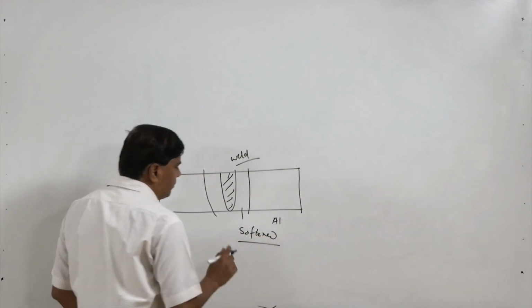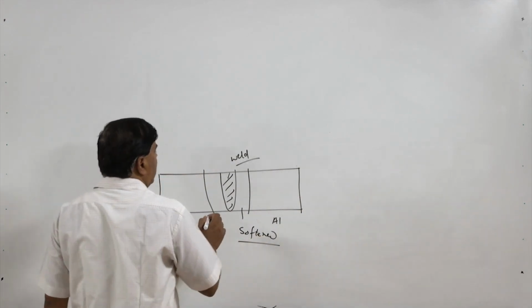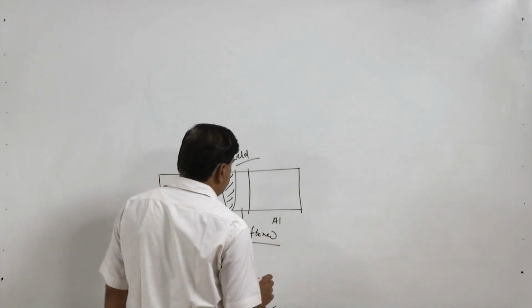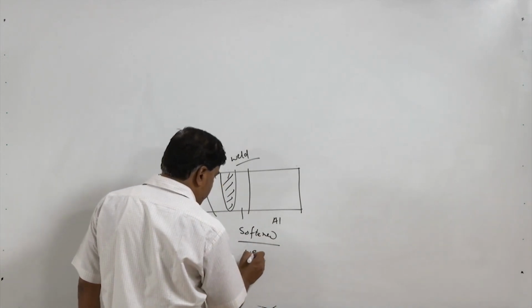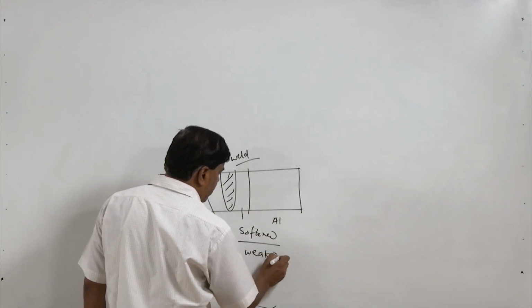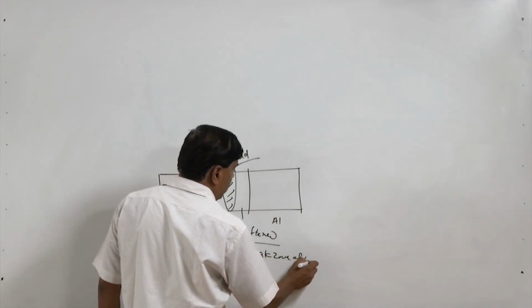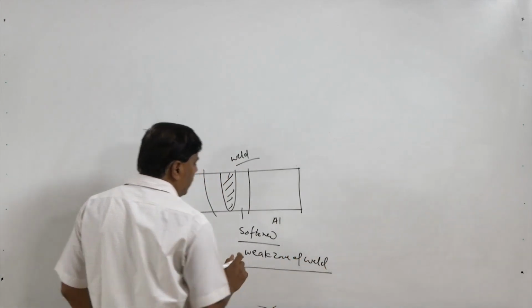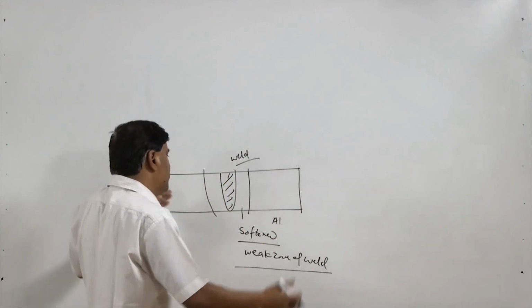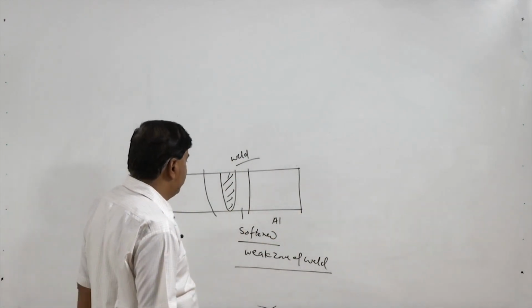So, the softening of the HAZ is observed, and sometimes it forms the very weak zone of the weld, and failure of the weld joint is localized in the heat affected zone.